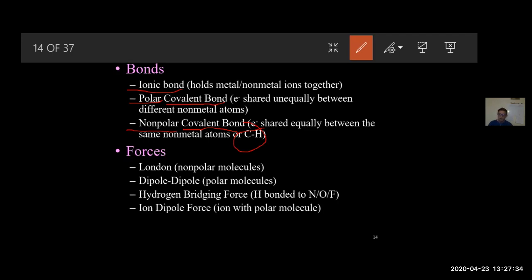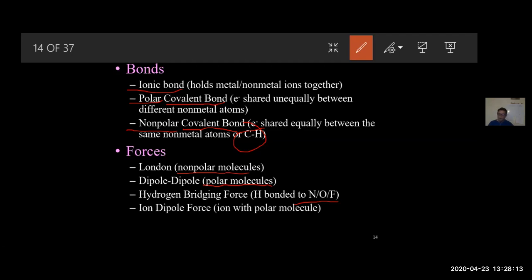So, not to confuse the bonds with respect to the forces. When you have nonpolar molecules, the only force you have between molecules is the London dispersion forces. When you have polar molecules, then you're dealing with dipole forces. And only when you're dealing with hydrogen bonded to nitrogen, oxygen, or fluorine do you have hydrogen bridging or bonding.